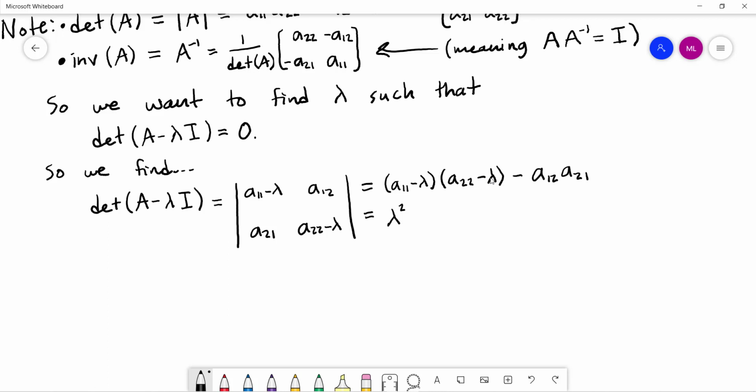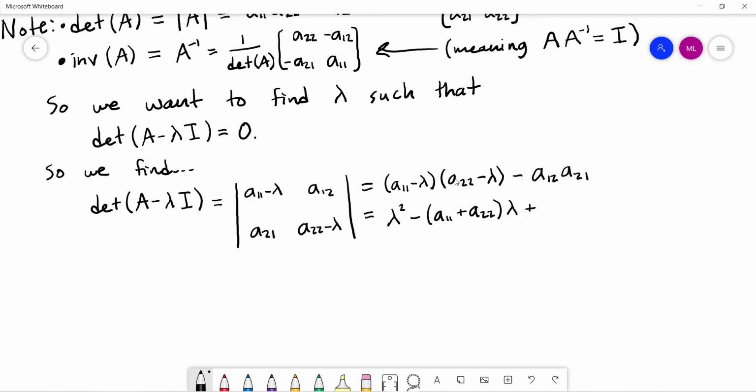I'll get this one times this one, so I'll get a minus A11 lambda. I'll get a minus A22 lambda when those two hit each other. So the next term will be, we could write it as minus A11 plus A22 times lambda. And then the last term we'll get is the two constants times each other.